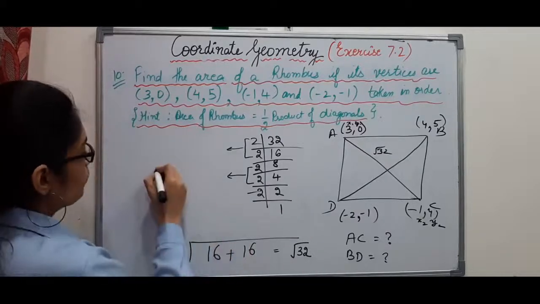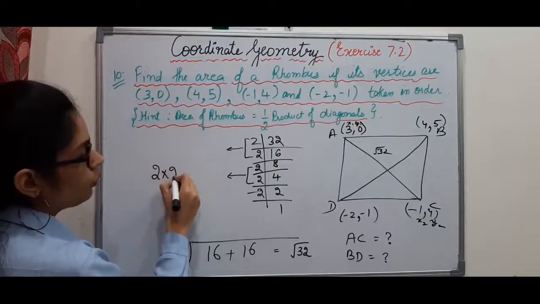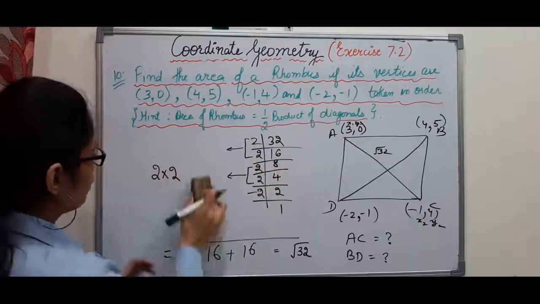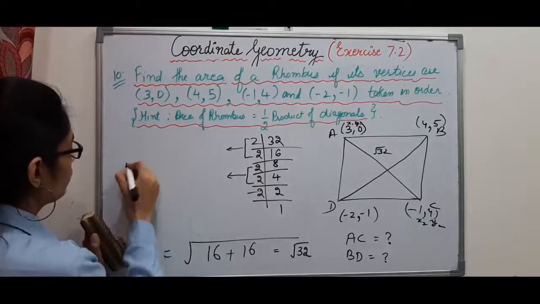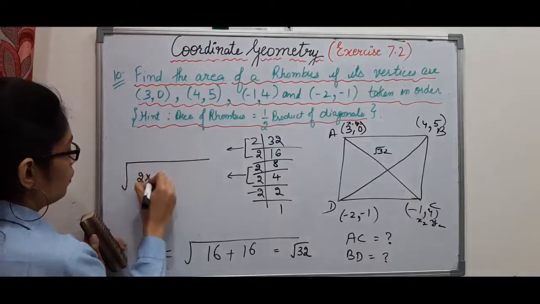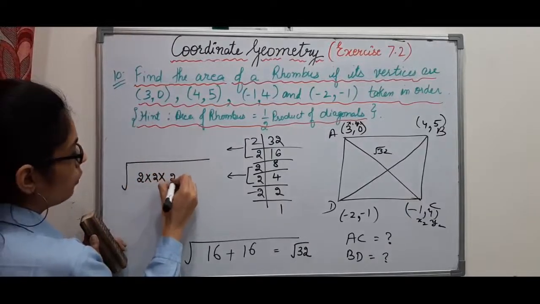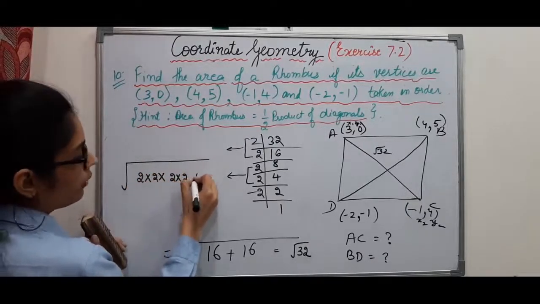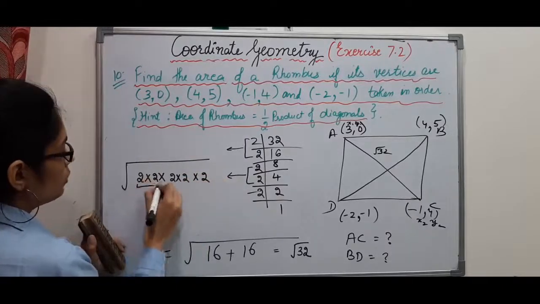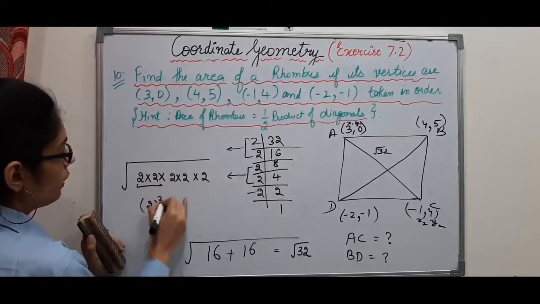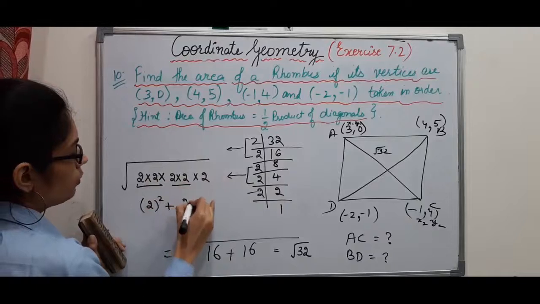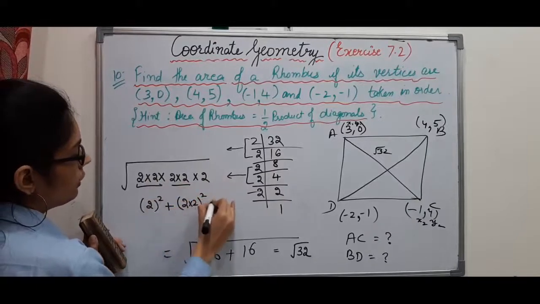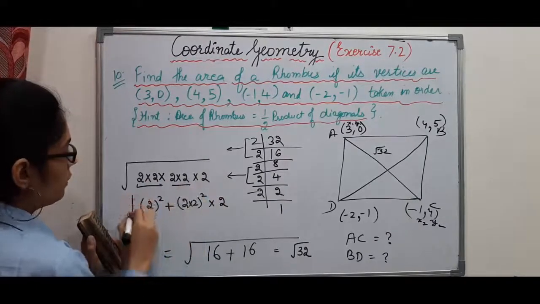So we can write the factors under the square root: 2 into 2 into 2 into 2 into 2. These 2 into 2 we can write as 2 square.